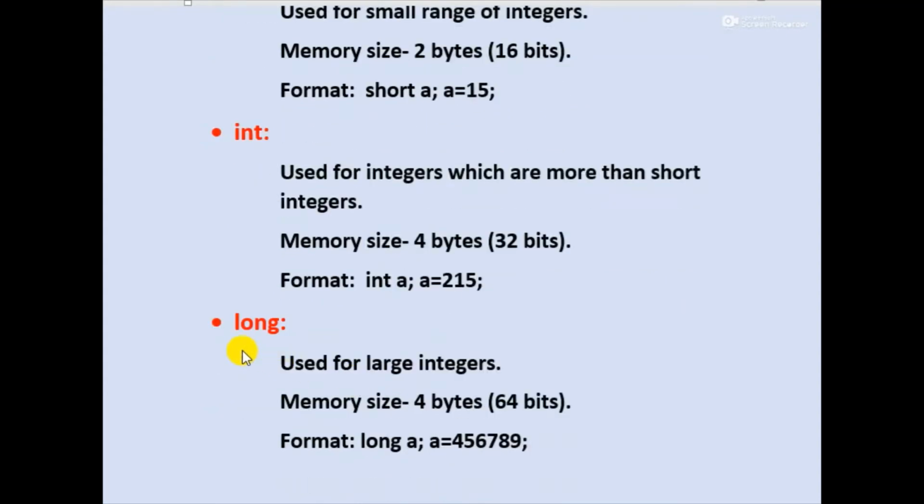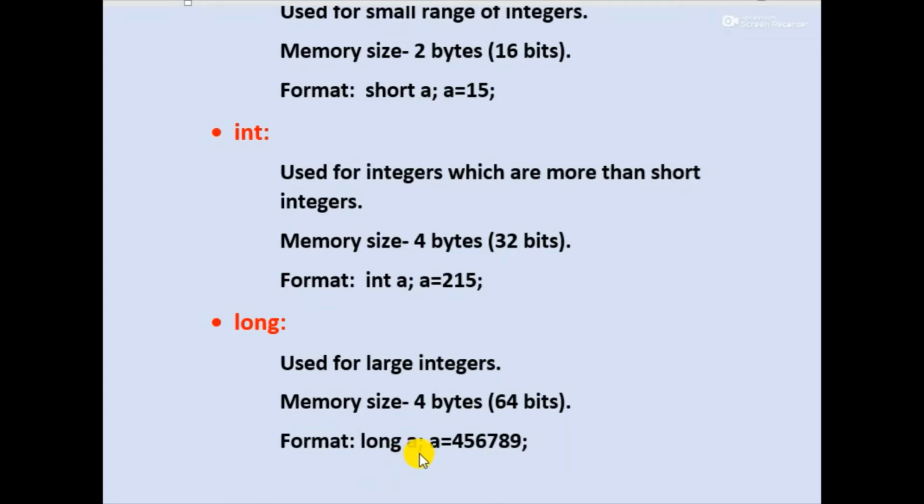And the last one is the long data type of integer type. This long is used for large integers. That means the variable of long data type can hold a large integer. The memory size of long data type is 4 bytes. And the format, we can see again, is long, the name of the data type, then variable name.